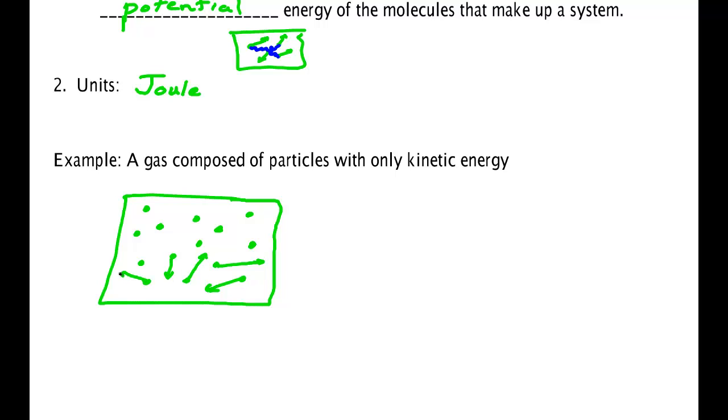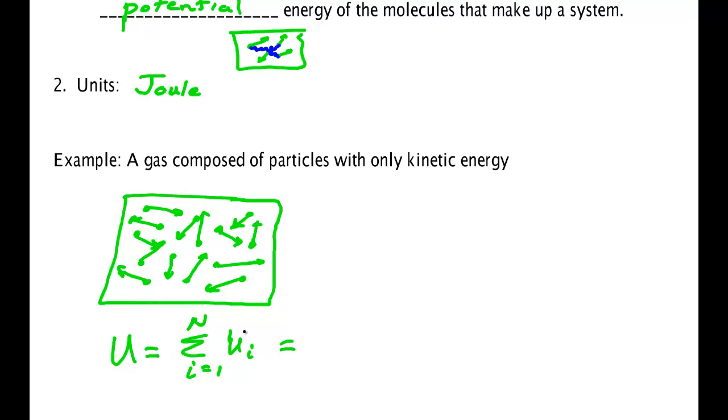So all your gas laws and everything else will eventually be able to get by just considering these guys to be going in a wild bunch of motions, flying around like that. And if we wanted to know the internal energy, we could, in theory at least, simply sum up the energy of each one of these little particles. So we could add up the energy of the first particle, the energy of the second particle, the energy of the third particle, and so forth.